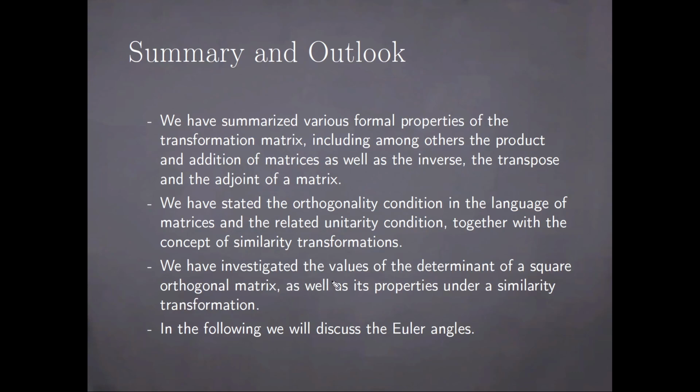We have investigated the values of the determinant of a square orthogonal matrix, as well as its properties under a similarity transformation. And we will use all of these properties and others in the ensuing discussions. And in the following, we will investigate the Euler angles.